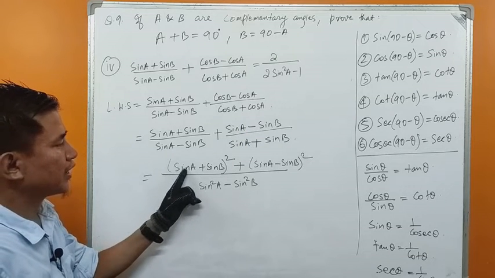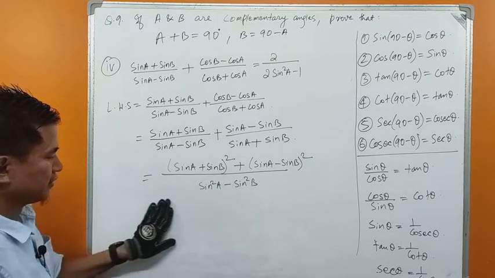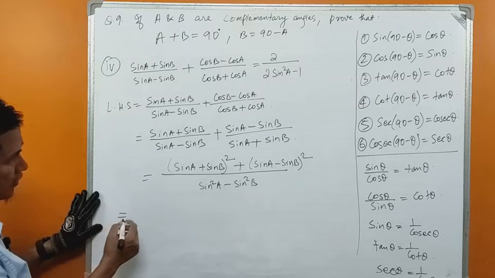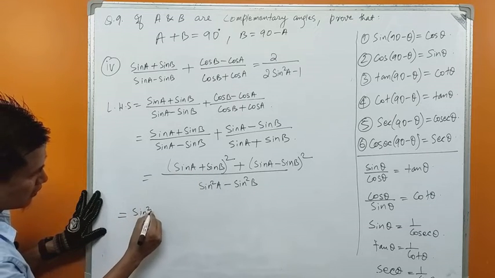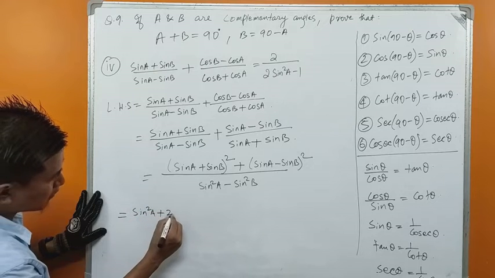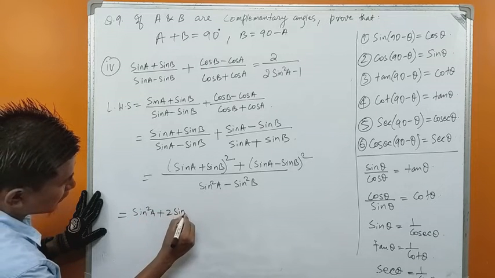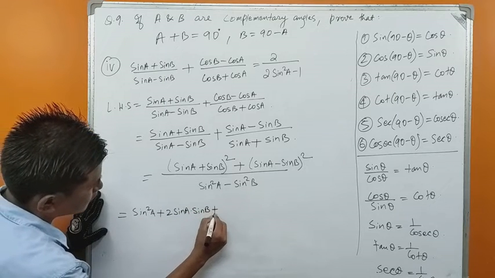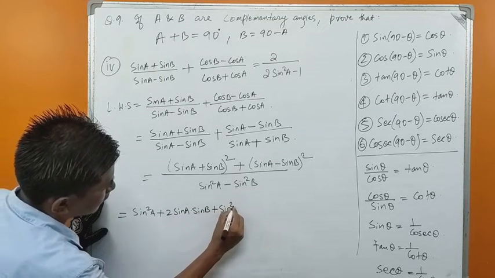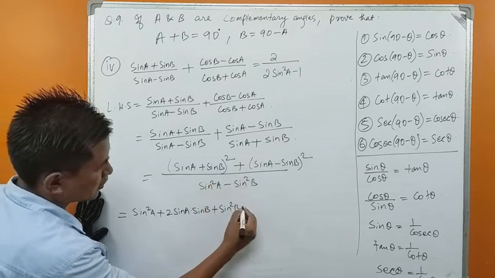Let us put the formula (a plus b) whole squared here. I'll start from here. (a plus b) whole square means a square plus 2ab plus b square, where a is sin a and b is sin b. Now this plus comes here.